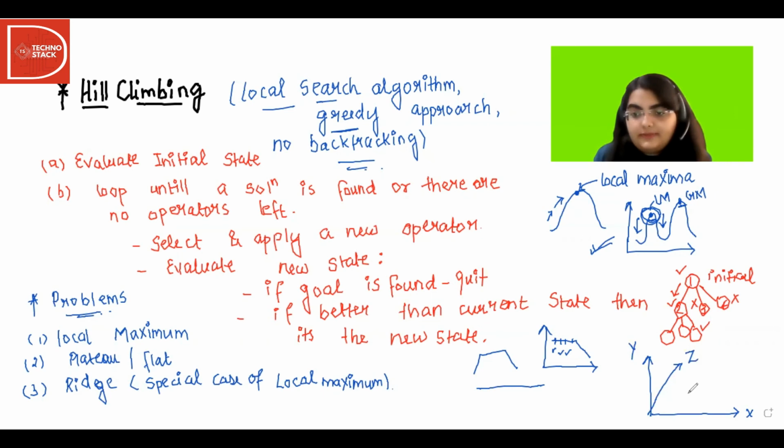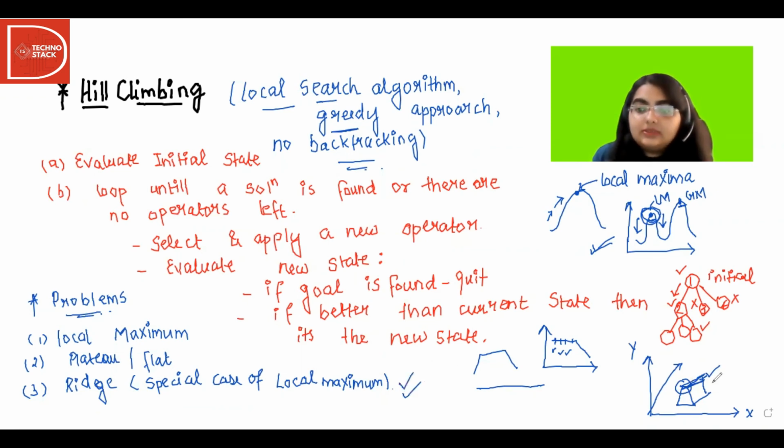Then what happens is, if I have it like this, this point over here is not flat, it's not a plateau either, but we have more than one point over here. A typical line of points are local maxima. So that is also a problem that can be faced while solving with hill climbing.